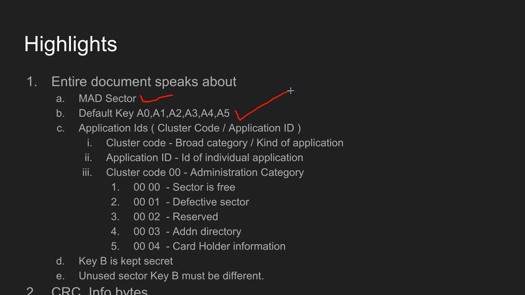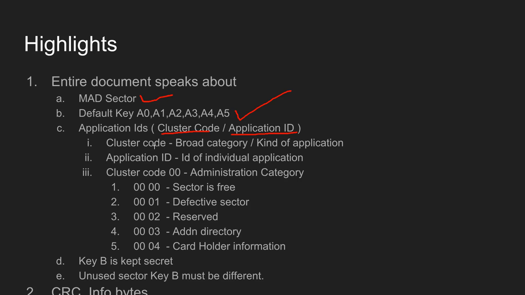It speaks about the default key, also called the public key, which is A0 to A5. And we know there are application IDs, each ID consisting of two parts, the cluster code and the application code. The cluster code defines the category or the kind of the application.